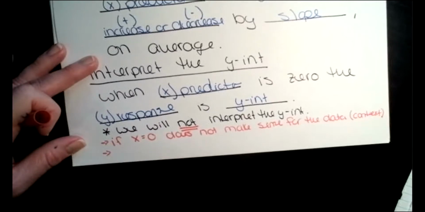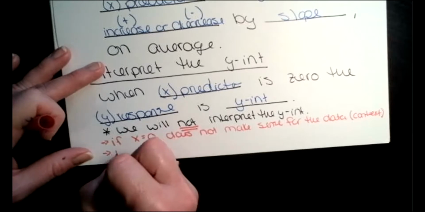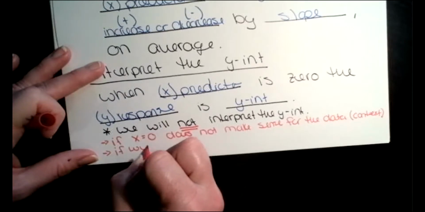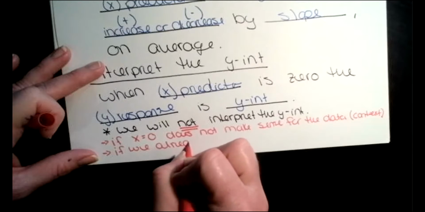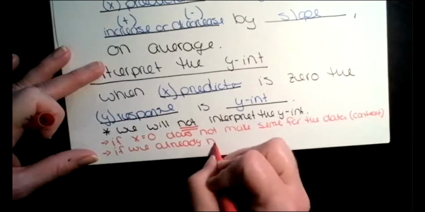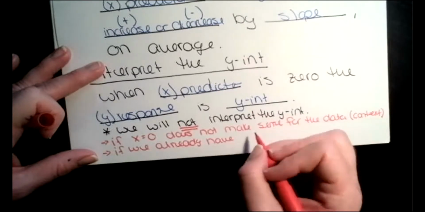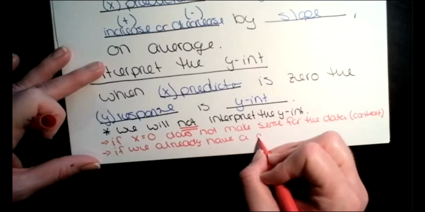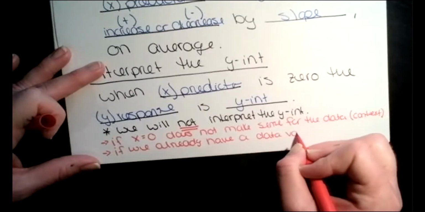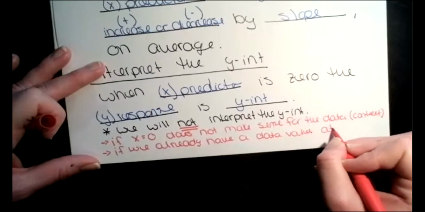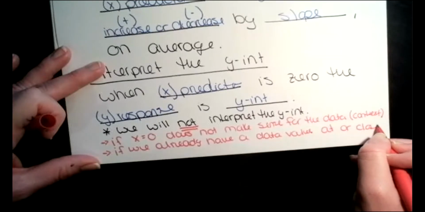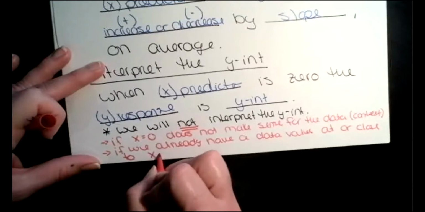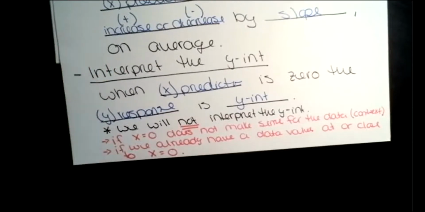The other scenario where we're not going to interpret the y-intercept is when we already have a value from our collected data that's close to X equals 0. So if we already have a data value at or close to x equals 0, then you're not going to interpret.